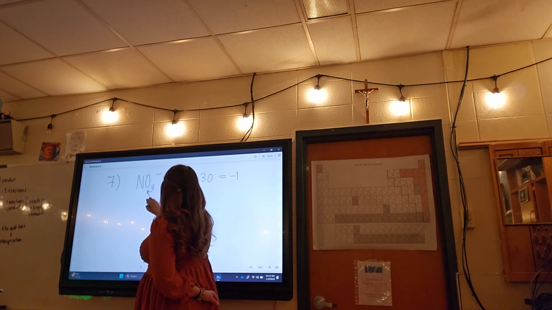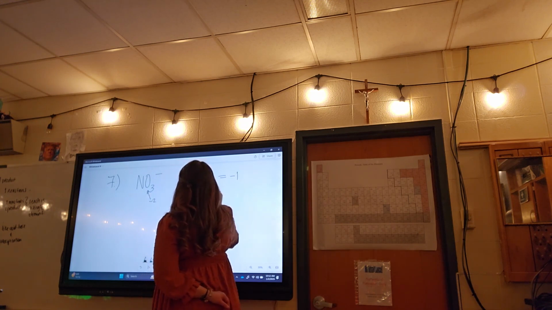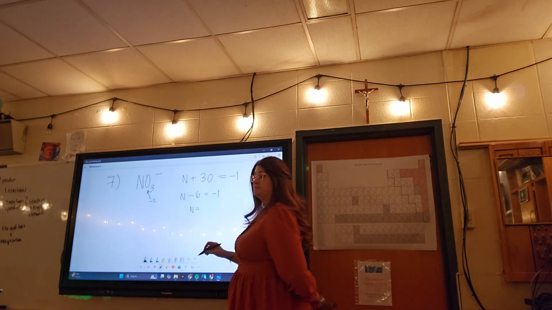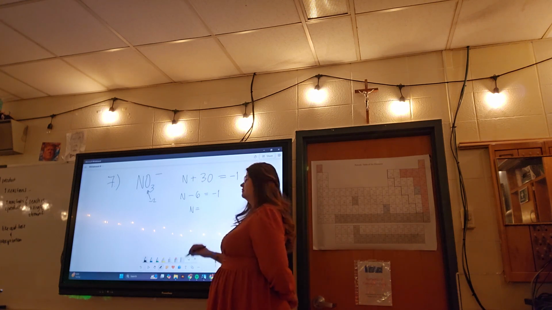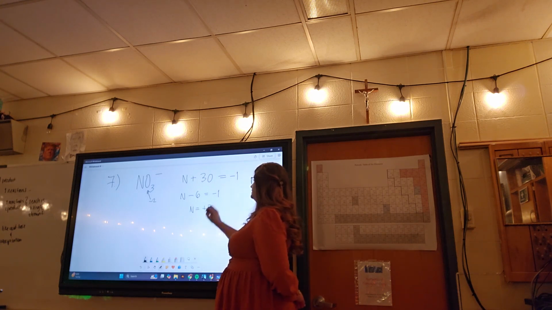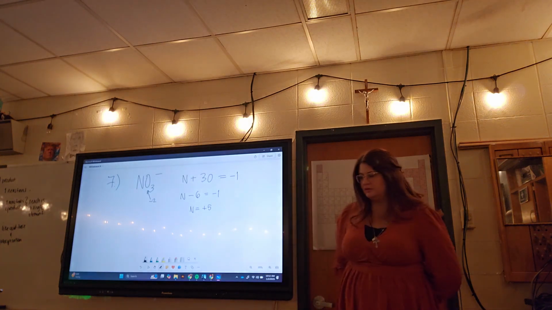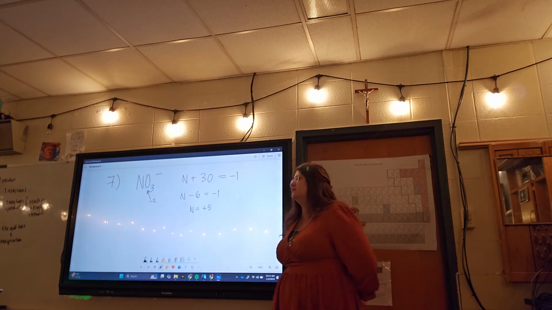Oxygen's oxidation number is -2, so N equals +5. Now sometimes it can be hard for us. We're smart people. We can do simple math like adding negative numbers.